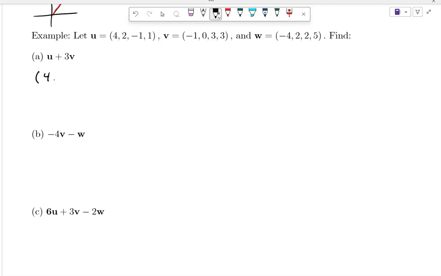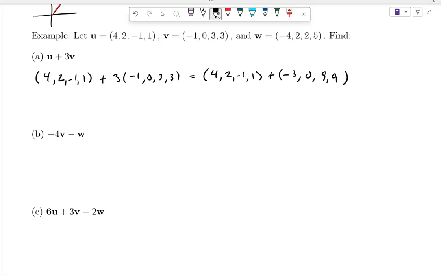So I've got the vector 4, 2, negative 1, 1. The first thing we'll do is distribute the 3 through. Take that 3, multiply it through, get negative 3, 0, 9, 9.